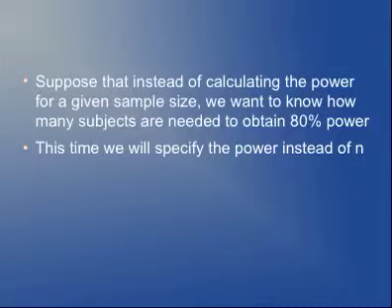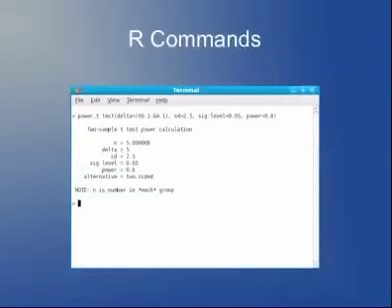In this case, I'll do power.t.test and I'll specify the power rather than the sample size. So I say power.t.test, delta, standard deviation, significance level, as before, and then power equals 0.8, and then it calculates the sample size that I need in each group in order to get 80% power.